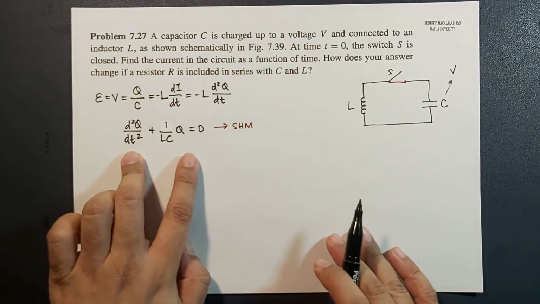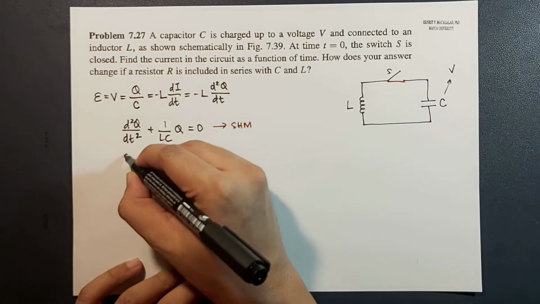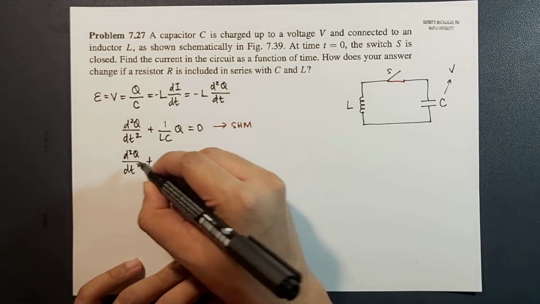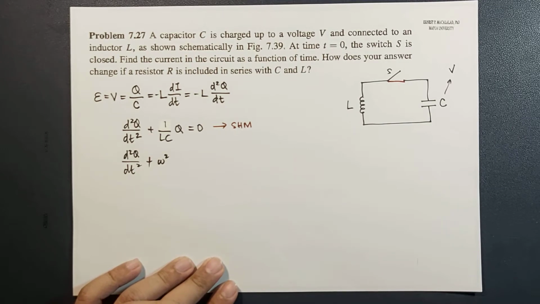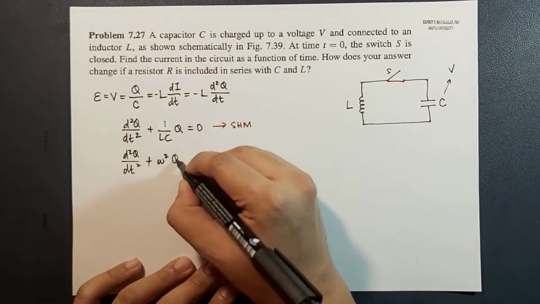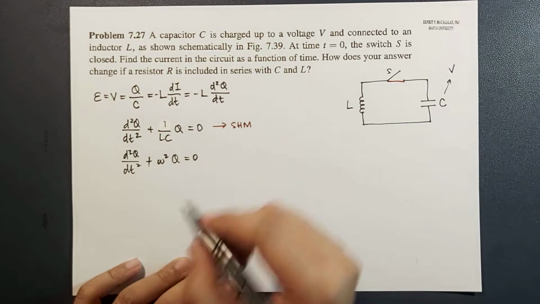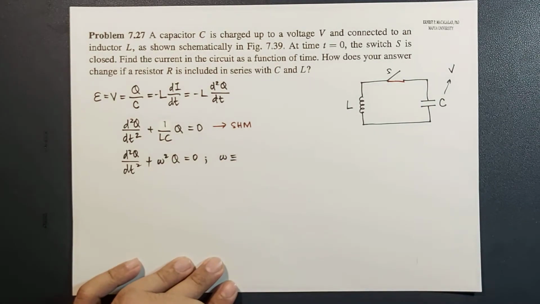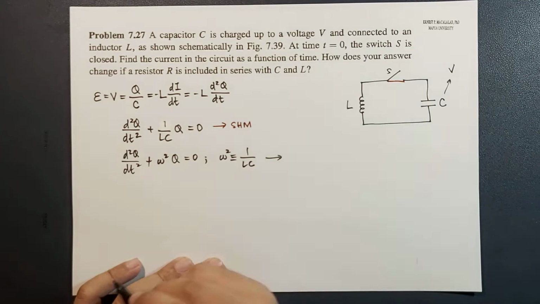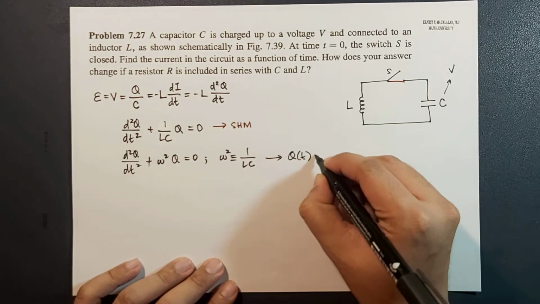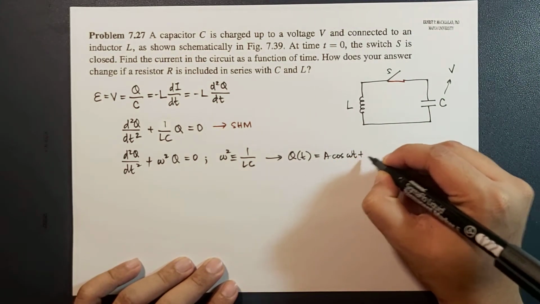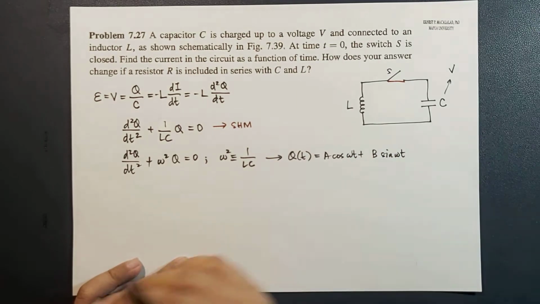So we can rewrite this second order differential equation as the second derivative of Q with respect to time plus the square of the angular frequency omega times Q equals 0, wherein we define omega squared to be 1 over LC, and the solution to this equation is Q as a function of time equal to A cosine omega t plus B sine omega t.